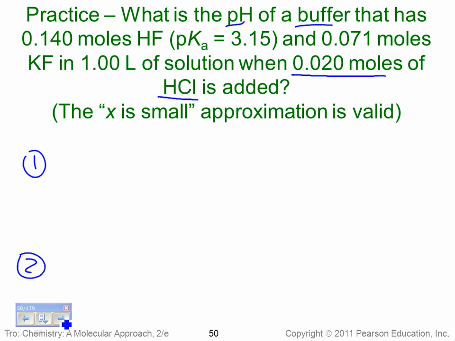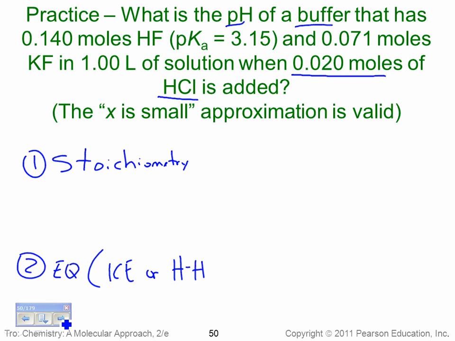Reminder, this is a two-step process, right? The first step involves what? Nice big S word. Okay, so wait on it. And then the second one is just equilibrium. And your choice here is either an ice diagram or the Henderson-Hasselbalch equation, whichever one you want.